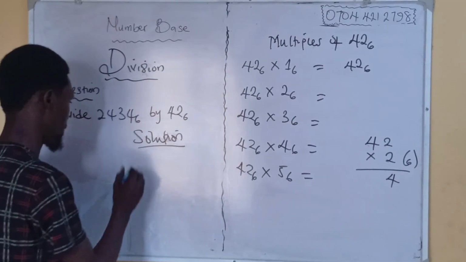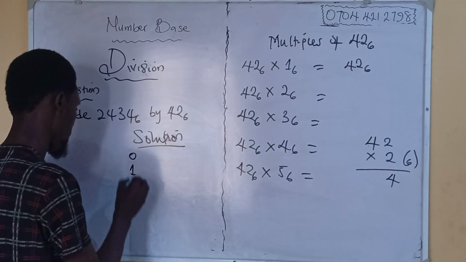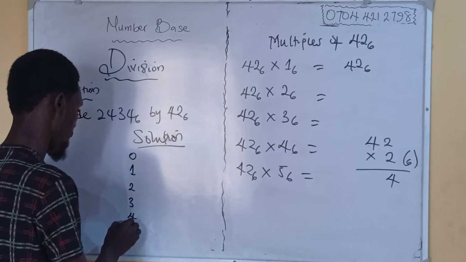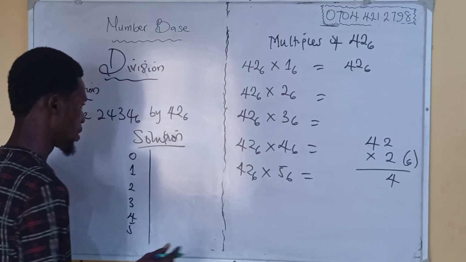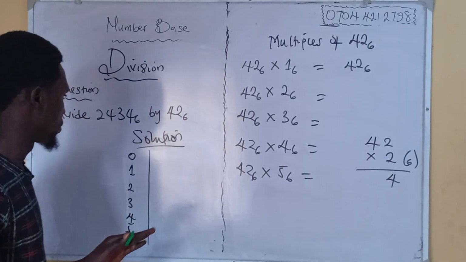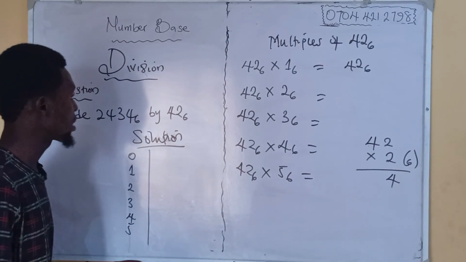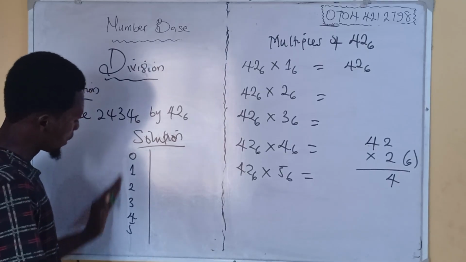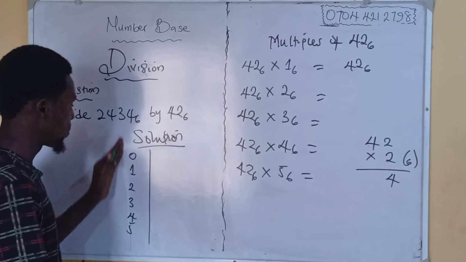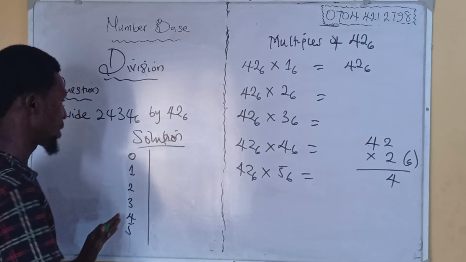Look at this. This is what we have in base 6. In base 6, we have 0, we have 1, we have 2, we have 3, we have 4, we have 5. We don't have 6. So what will 6 become? From our previous video, I think you can suspect what 6 will become. If you divide 6 by 6, any digit that is not among the digits of the base you are dealing with, you divide it by 6 repeatedly.